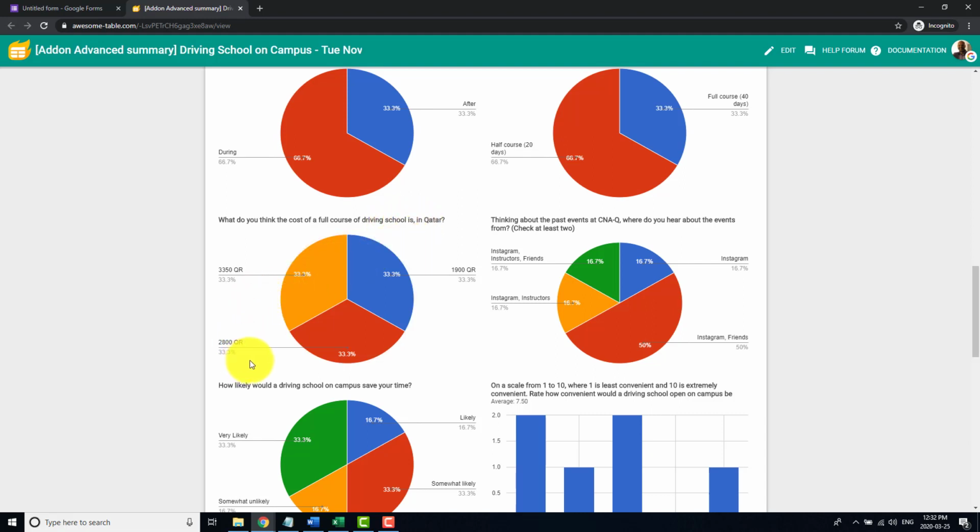Our target market thinks the cost is $1,900, 1/3. Another third thinks it's $2,800. Another third thinks it's 3,350 reals for a half course. This tells us in our price question, our target market has very little knowledge about what the price of this product actually is. It might take some education to let them know what the price is, because everybody has a different opinion.